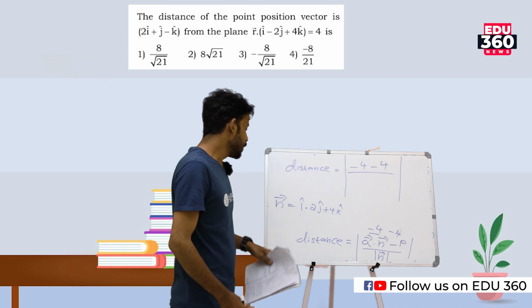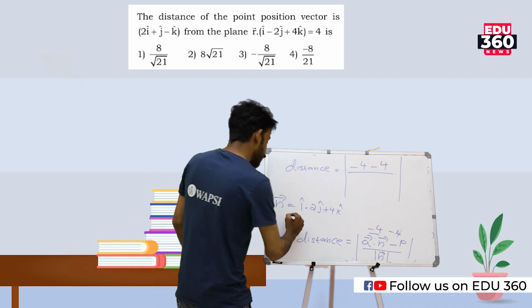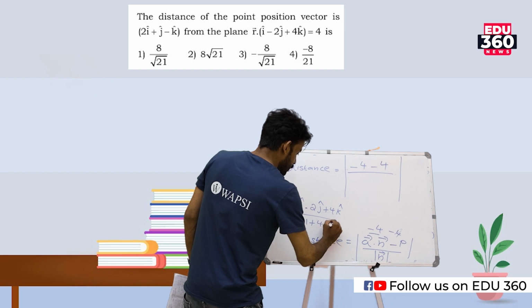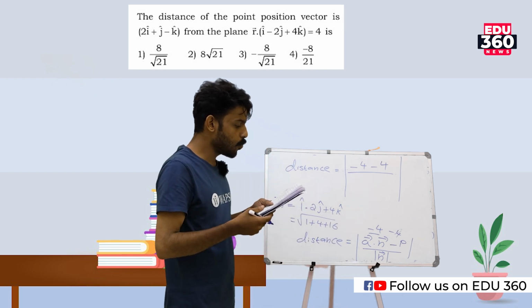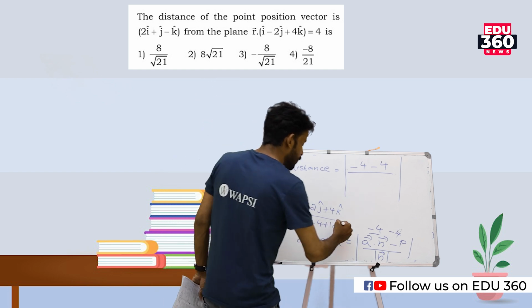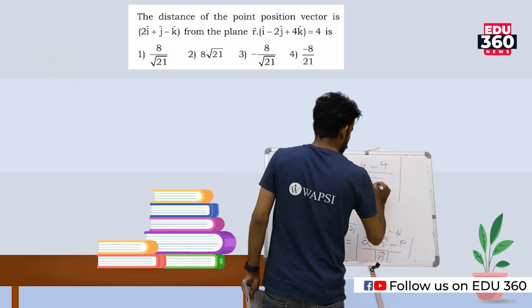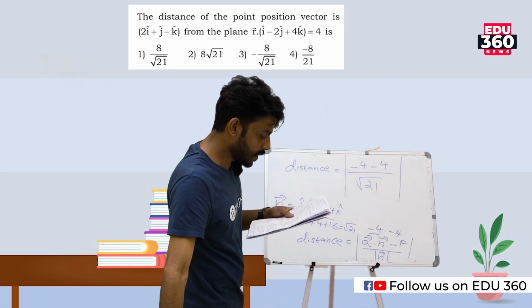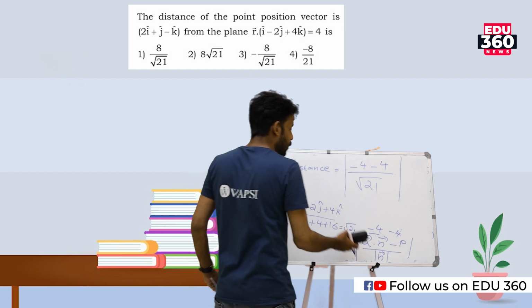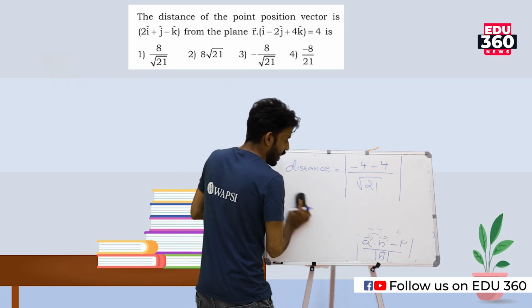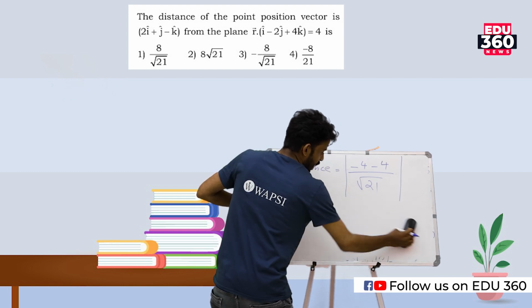Modulus means square root, so that is 1 plus 4 plus 16, the value is root 21. So all divided by root 21. This is the modulus. So minus 4 minus 4, the answer is minus 8.